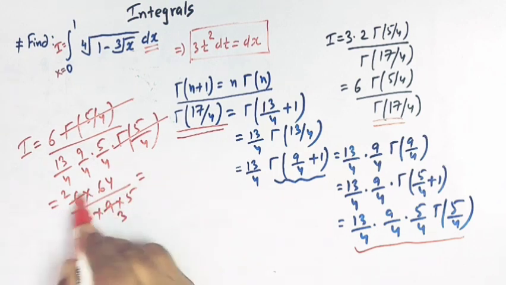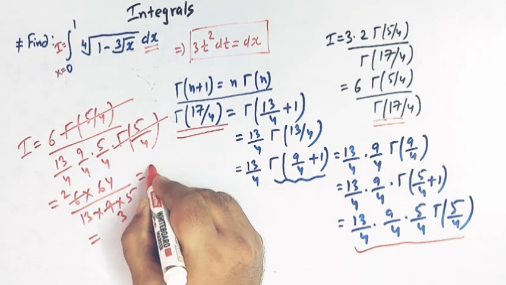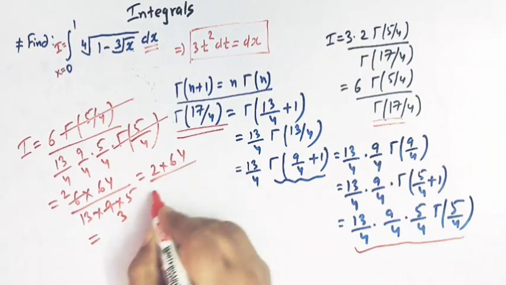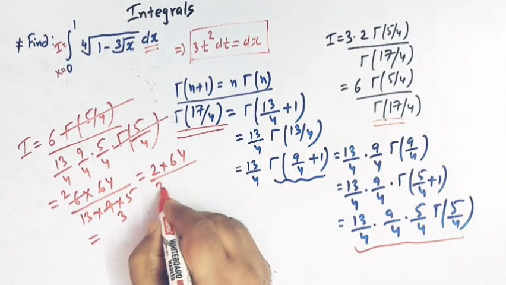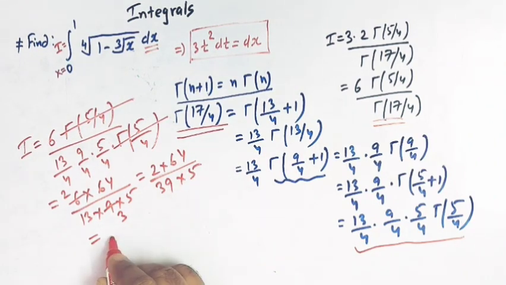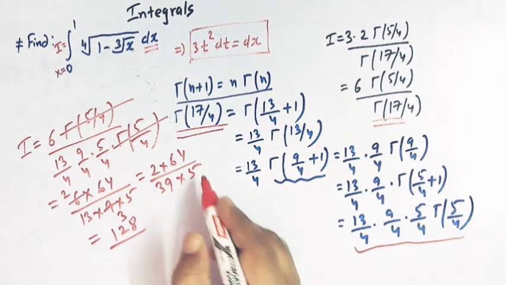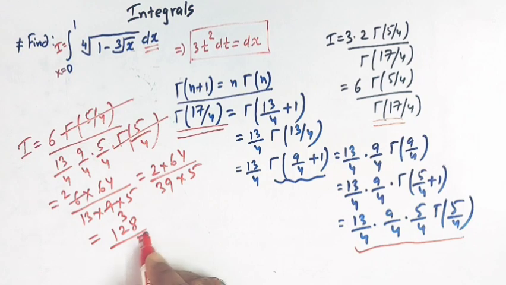So we have 2 times 64 is 128, and here we have 13 3s are 39 times 5, so this is 195, right?